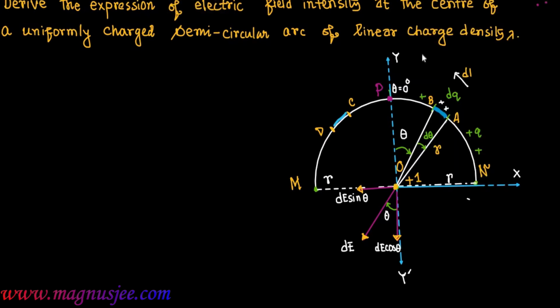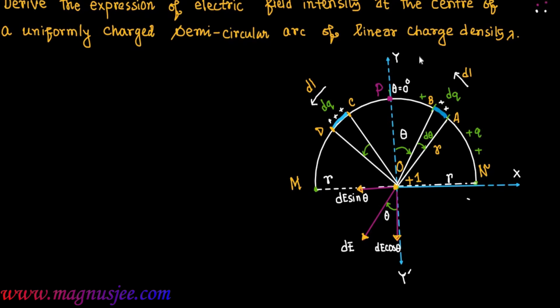And we can consider another small part CD on the semicircular arc, and this small part CD has the charge dq and length is also dl. This small portion CD subtends an angle d theta at the center O of the semicircular arc.